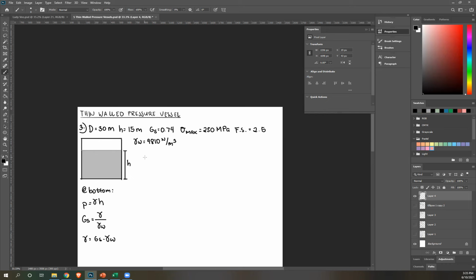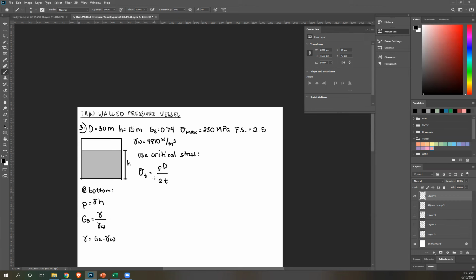Now we're going to use that in our restriction, the sigma max. And once again, whenever we have a restriction between longitudinal and tangential, we should use tangential because that's the critical stress, the most likely to cause failure. So that's sigma T. And sigma T is PD over 2T.